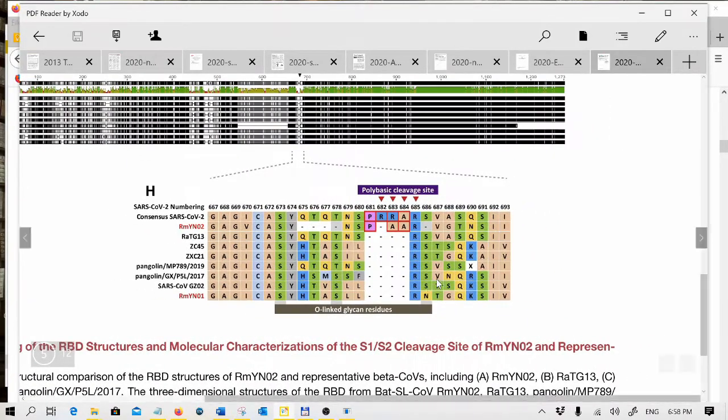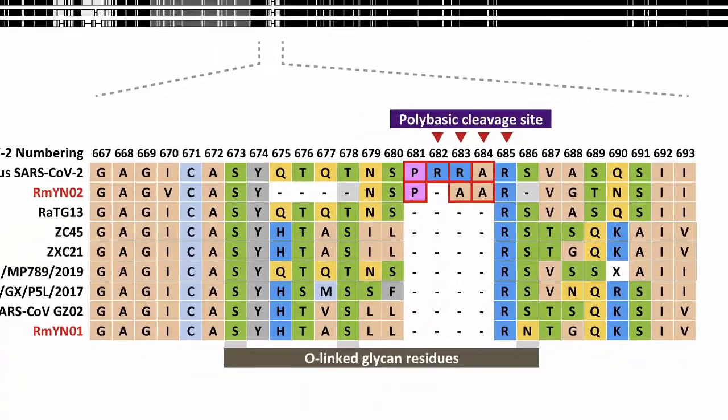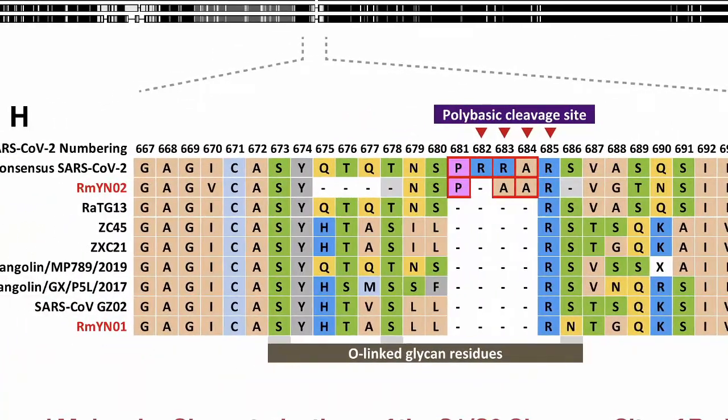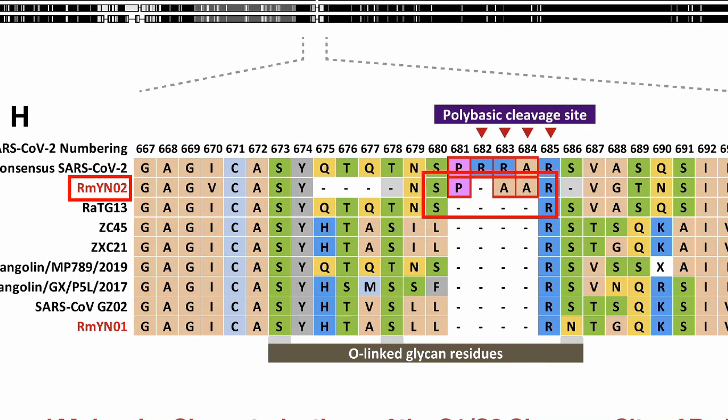Let me pull it up here. And what we observe here is this newly discovered virus. We see that these few amino acids are inserted at that position, but they are not of polybasic character.